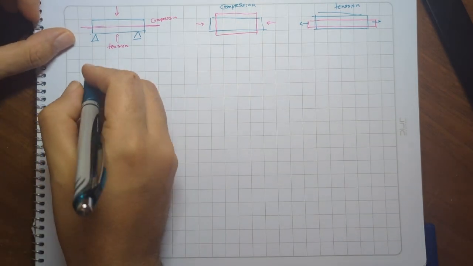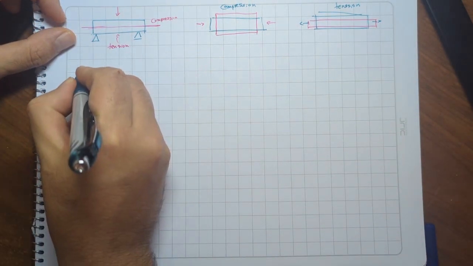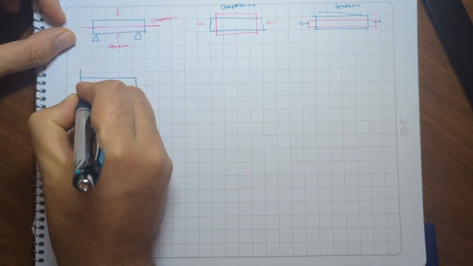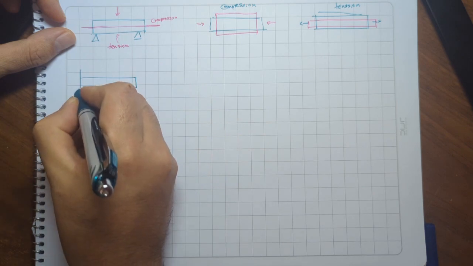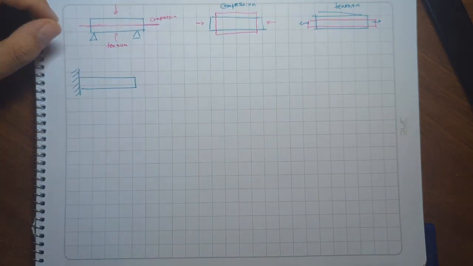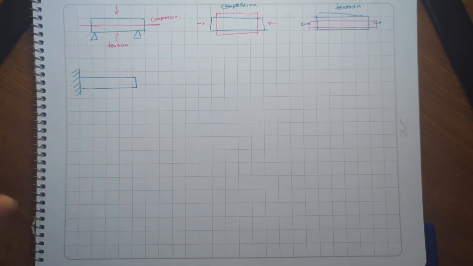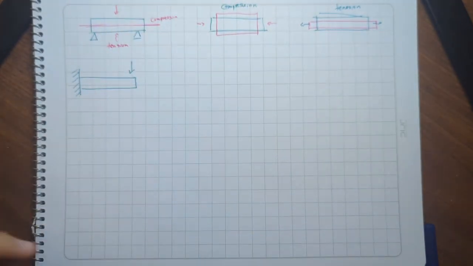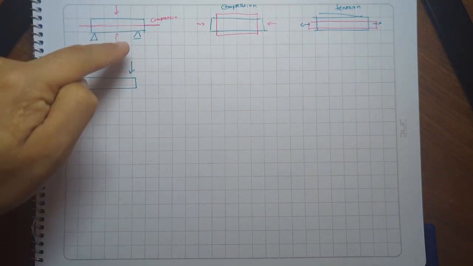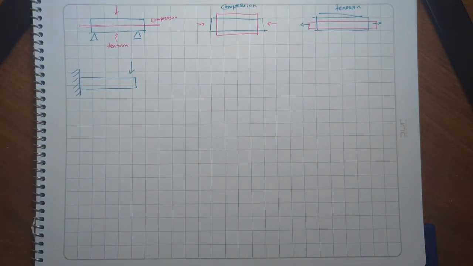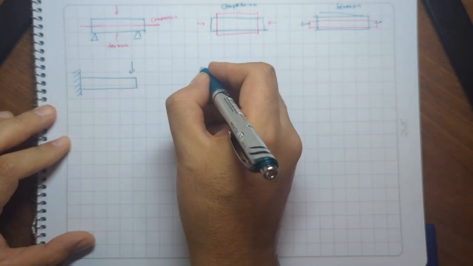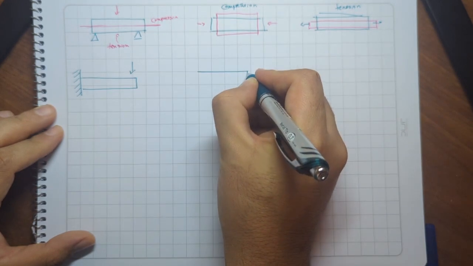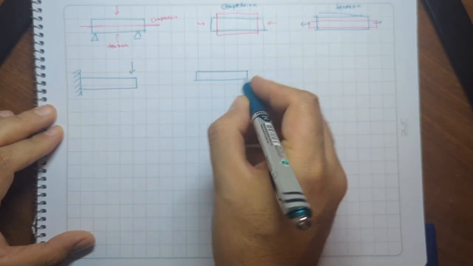For example, if we have a bar which is stuck to the wall from one side, and if we have a force perpendicular to its axis, it's going to have a shear stress.